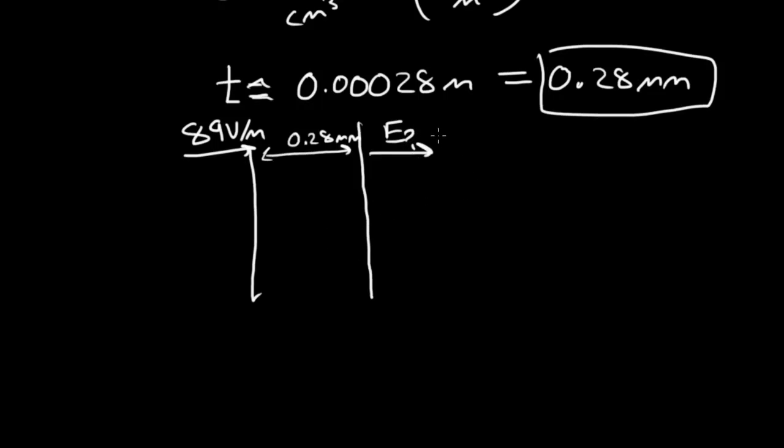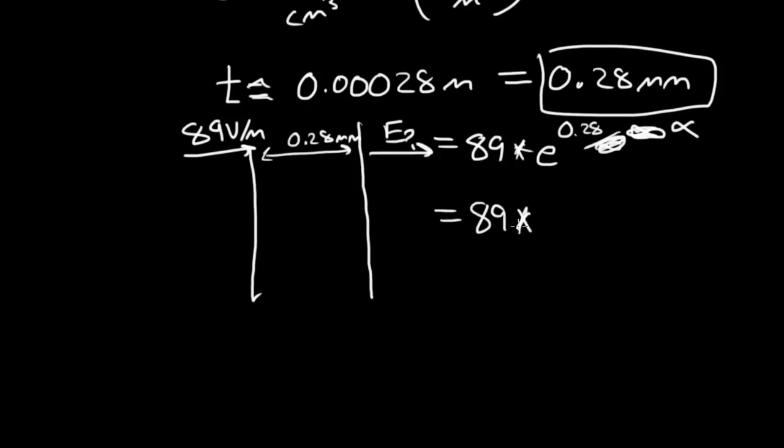The electric field that comes out is going to be the initial electric field times the exponential raised to the power of minus 0.28 divided by alpha, times alpha. That equals 89 times the exponential of minus 0.28 times, and you'll have to think back and trust me that the attenuation coefficient is 9 millimeters. Divided by 9. Right. Alpha is 1 over 9 millimeters.